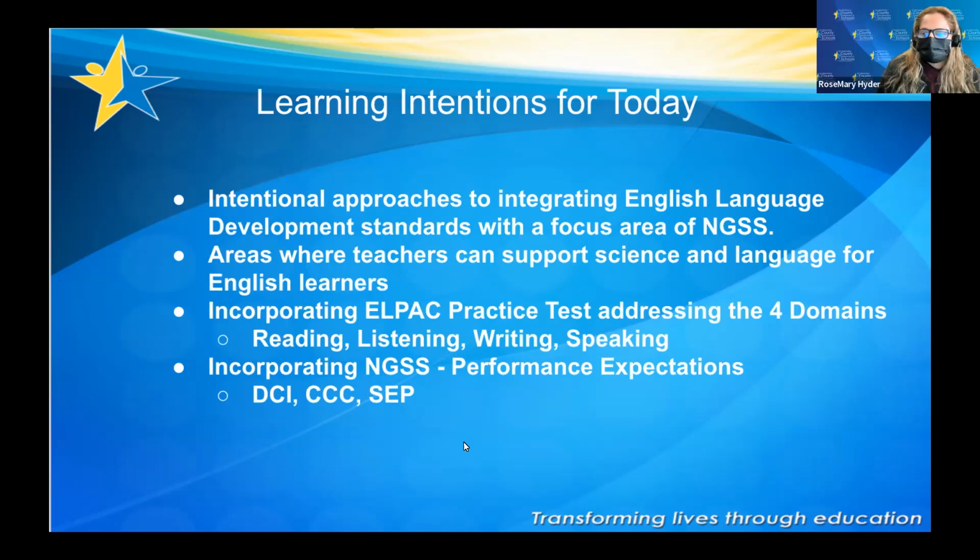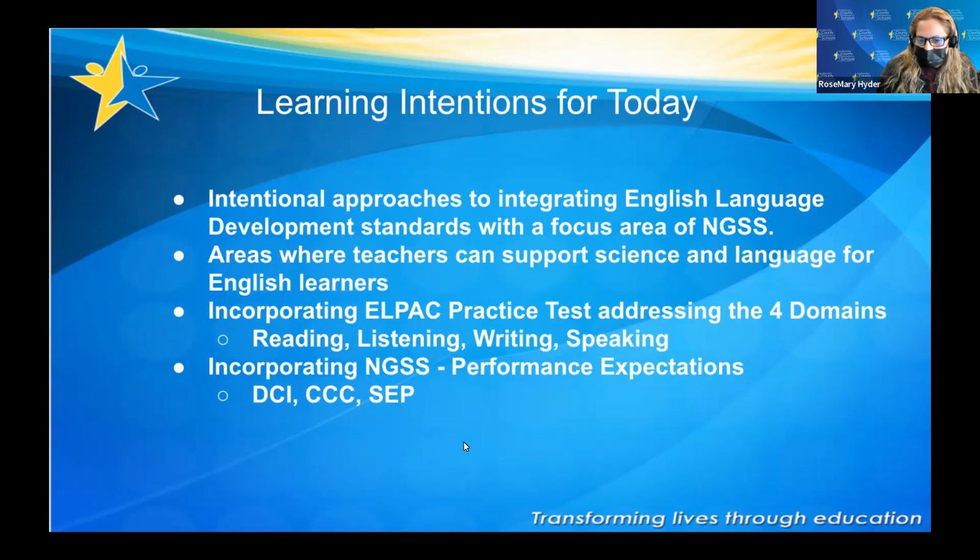All right, our learning intentions for today. Intentional approaches for integrating English language development standards with a focus area of NGSS. We're always trying to see where we can support our students, and in grades 6 through 8, we know a lot of our teachers are trying to integrate, and our science teachers need that. Where can they help our English learners in their classrooms?